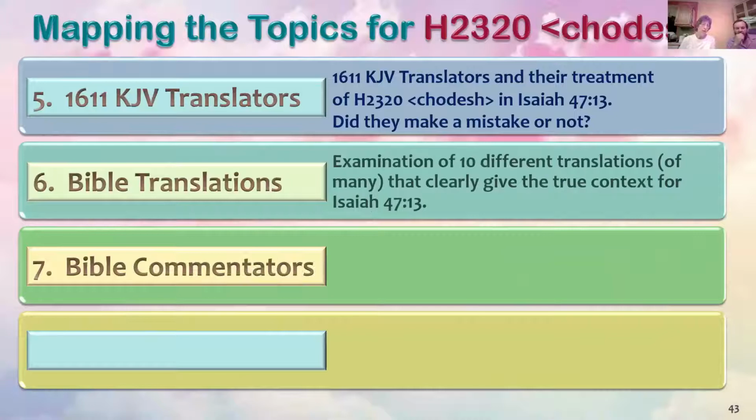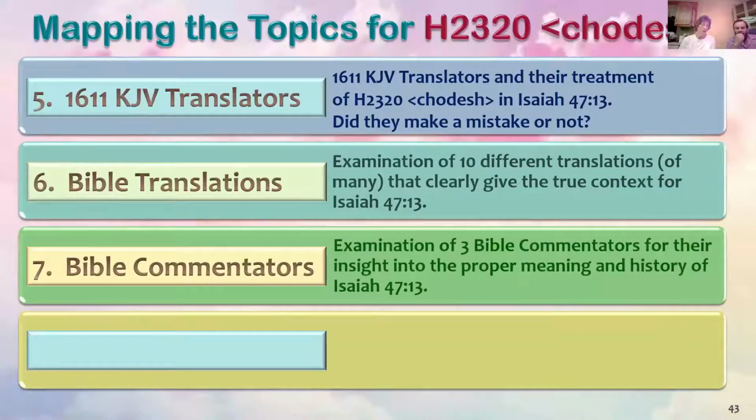We are also tonight going to look at some Bible commentators. We don't normally do this; it comes after you've done your Bible study from cover to cover. But we're going to examine 3 Bible commentators tonight for their insight into the proper meaning and history of this scripture, Isaiah 47:13, and I'm calling this the red flag verse.